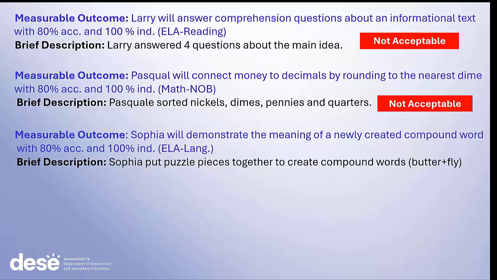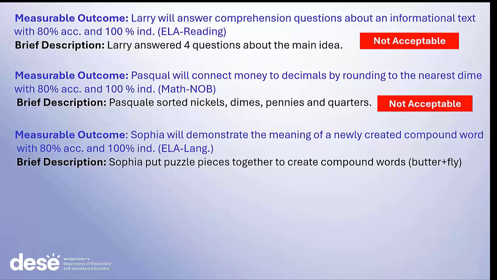Okay, a little more than 80%. Good job. So this one is a tough one. I'll share this with you in a moment. So it's 57% said not acceptable, but 43% said acceptable.